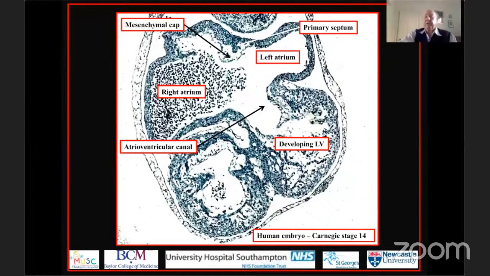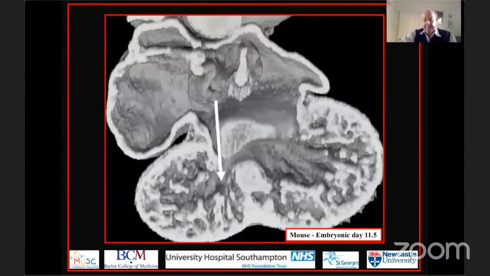I can show you that much better in a section from an episcopic data set from a mouse heart. And here we are, it is a stage further on from what I showed you in human. As I've shown you with my white arrow, there has been expansion of the atrioventricular canal so that now the right atrium is looking directly into the right ventricle.